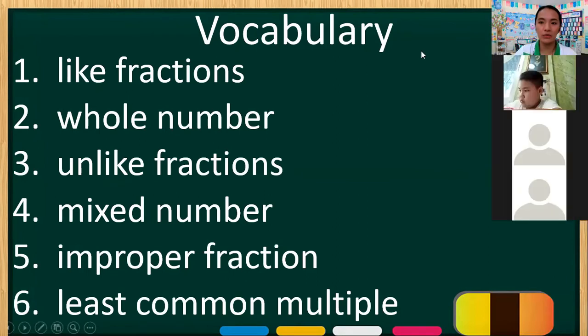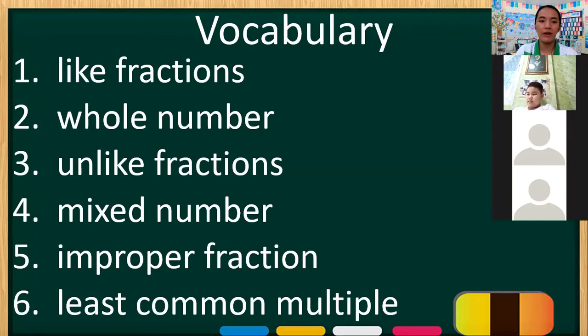Jump, can you please read the vocabulary? Whole number. Unlike fractions. Mixed number.